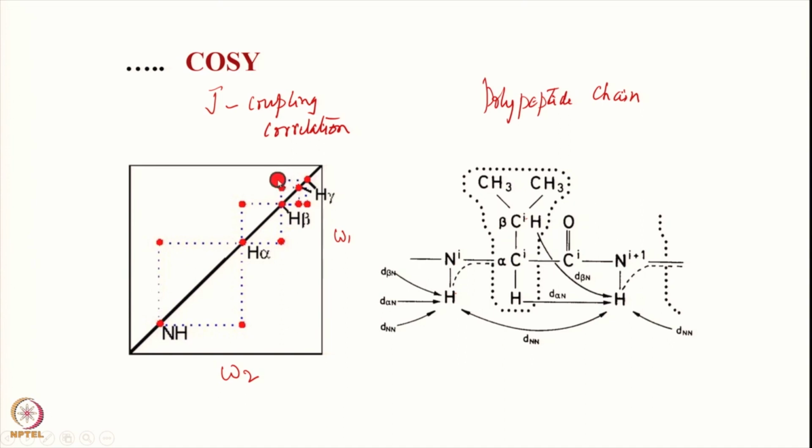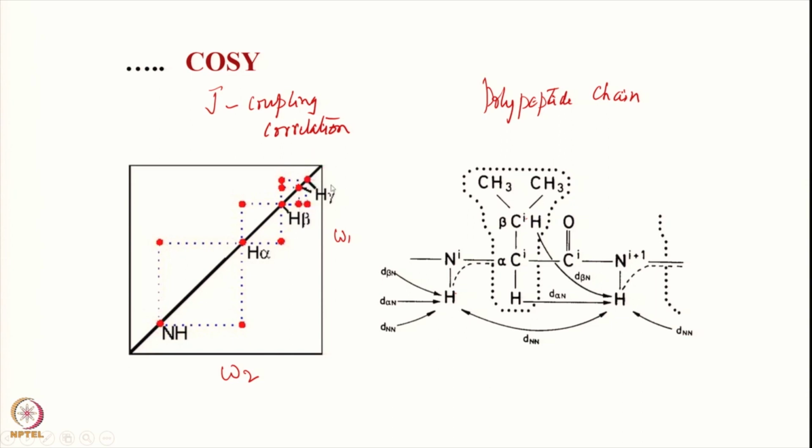If these 2 CH3 groups are non-equivalent in terms of chemical shifts, I will have 2 peaks from the same beta. This is 1 gamma to the beta, this is the second gamma to the same beta transfer, so these peaks are appearing from beta to the 2 gammas.